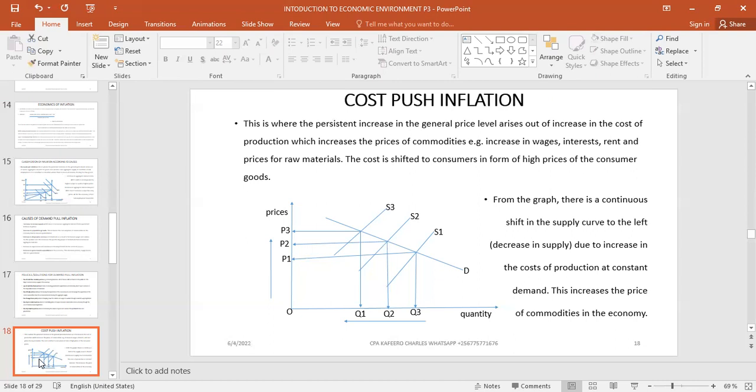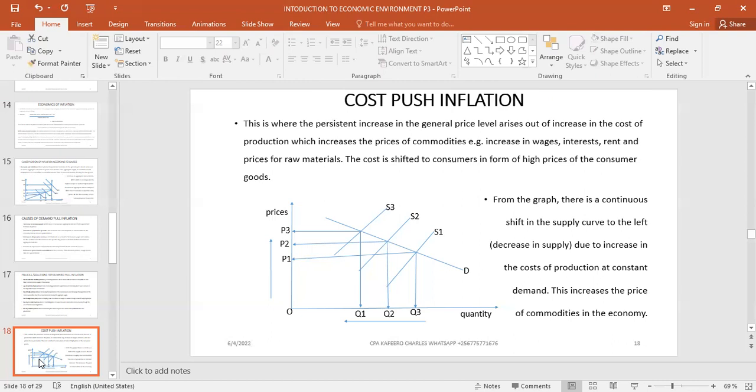For example, an increase in wages. If workers are demanding higher pay, if the interest rate is high for the capital they have borrowed, if the rent is high, if the price of raw materials is high, then we expect a high price for the commodities.